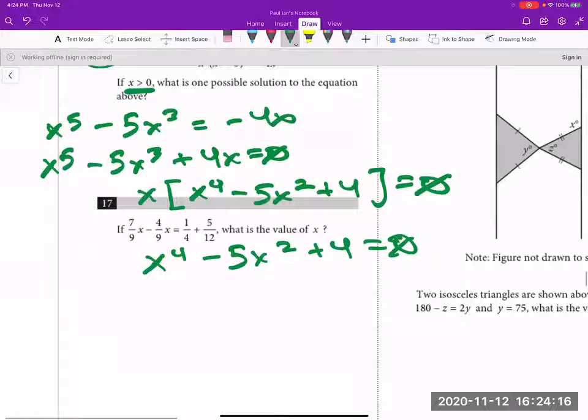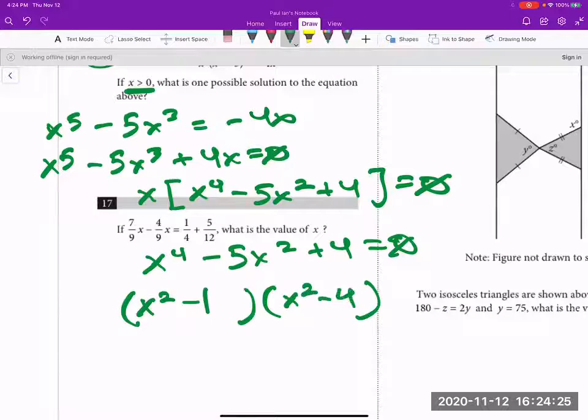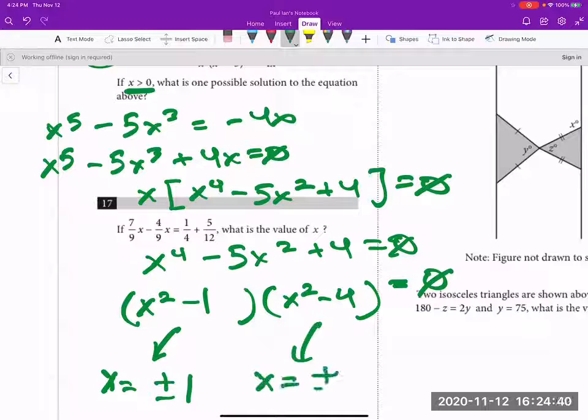So when you expand this and then factor it, you get (x squared minus 1)(x squared minus 4). The first one gives you x equals positive or negative 1, right? And the next one is x equals positive or negative 2.